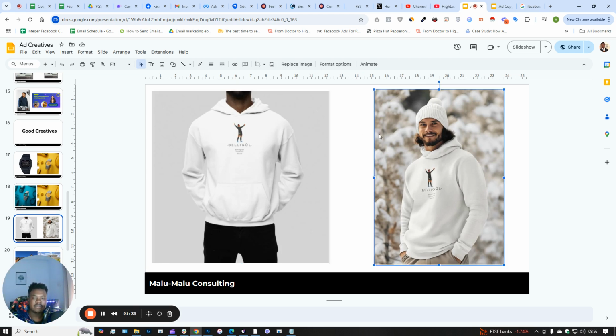So this is what I was talking about before, the difference between the two. This creative is a much more effective way of selling the hoodie, because this other one is just plain and doesn't create any emotion. You've probably heard this sentence many times before, and I'm going to say it just to remind you, or if this is the first time you're hearing it: people buy emotions, but they justify their decisions based on logic and reason.